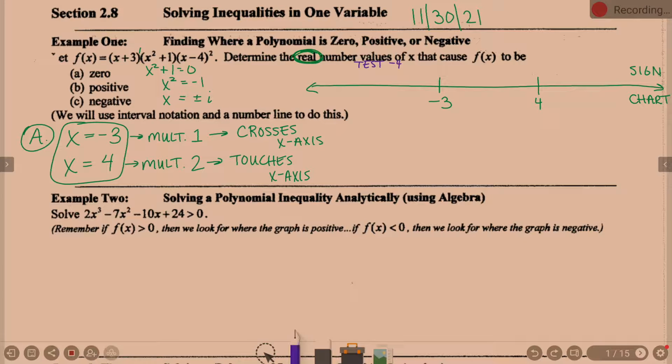And what we're doing with that -4 is we're going to plug it into the original equation, into each factor. And I don't care what numerically the factors equal, I care what sign they equal. So when I put -4 in here, what do we know about -4 plus 3? It's a negative. Jaden's saying, what do I know about negative 8 plus 3?